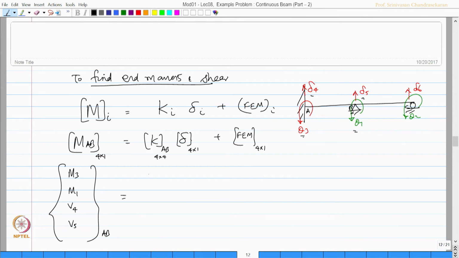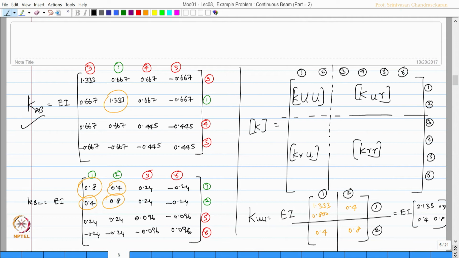I have to multiply this with K matrix of AB, which already we had. You can see here K matrix of AB and K matrix of BC separately. I am just rewriting there.